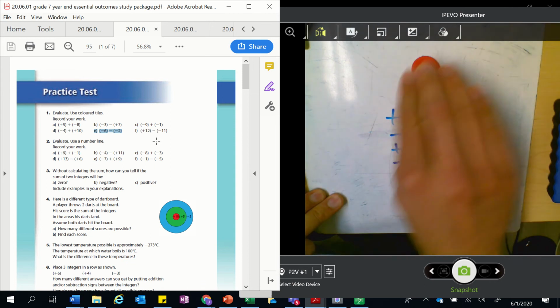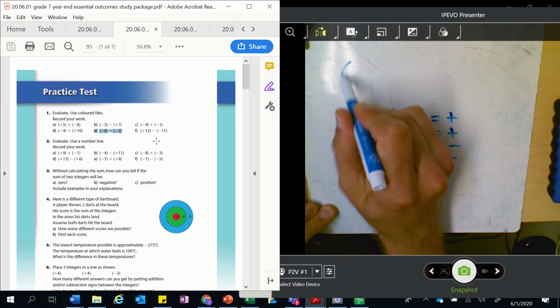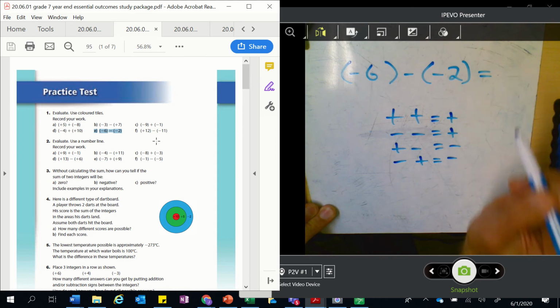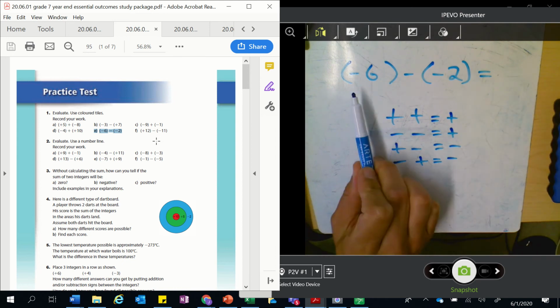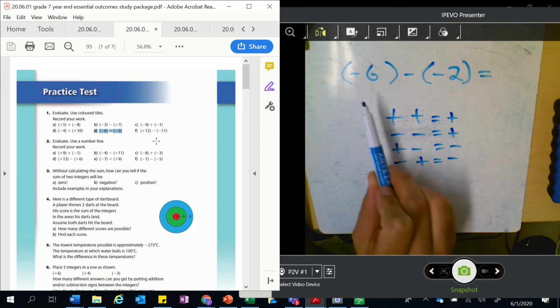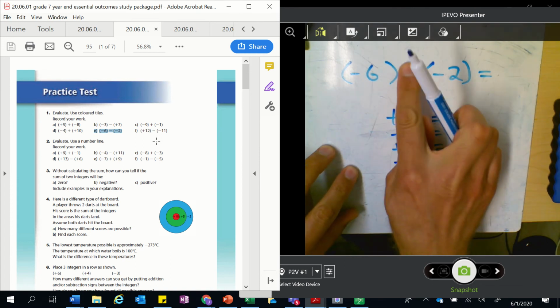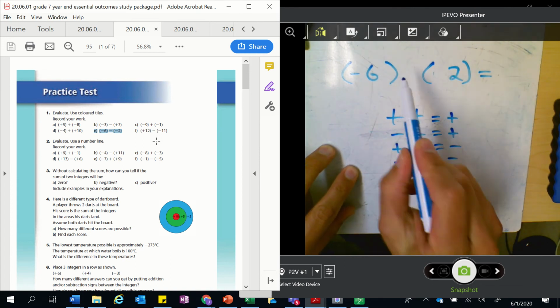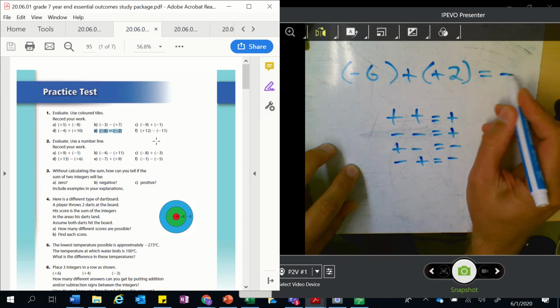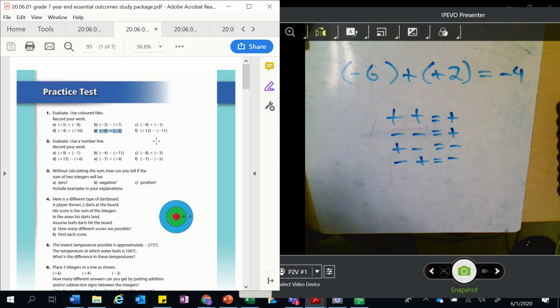Let's look at that minus 6. And we have minus 6 minus negative 2, which is what we just did. We have minus 6, and it's minus a negative. Well, minus a negative is going up. So that basically is the same as saying plus 2, because we ended up with negative 4.